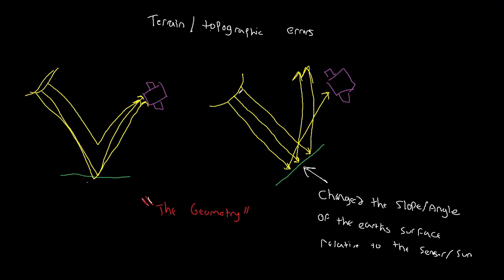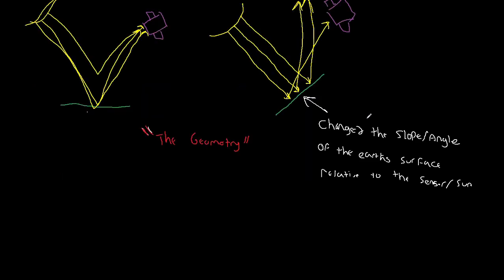The sensor and the sun are in the same position between these two. We've just simply changed the slope of the Earth's surface. And what that's done is we've also changed the amount of radiation that reaches the sensor.